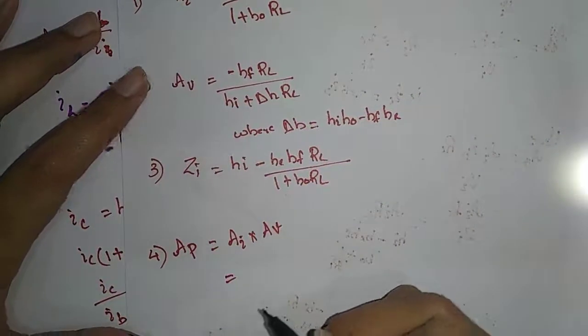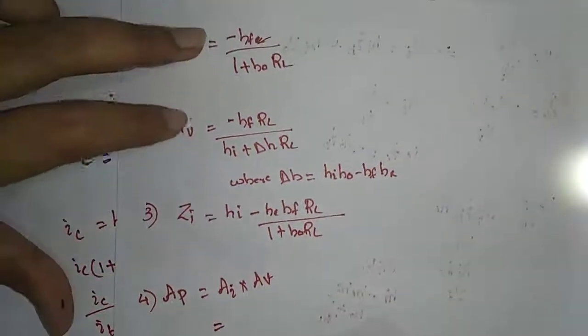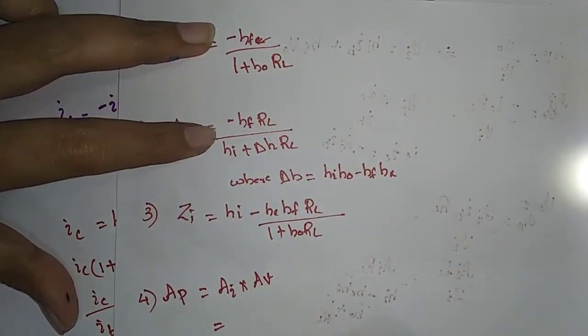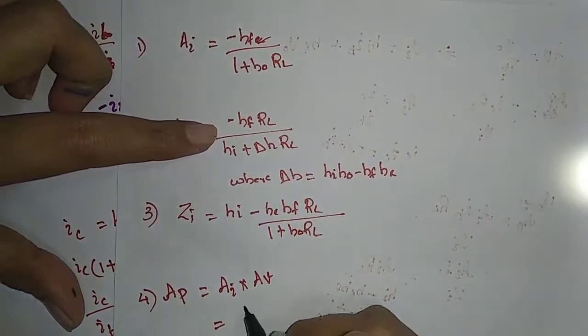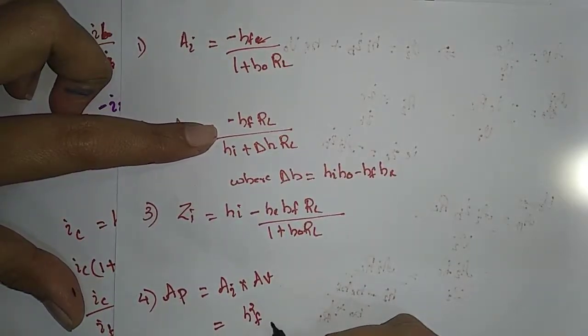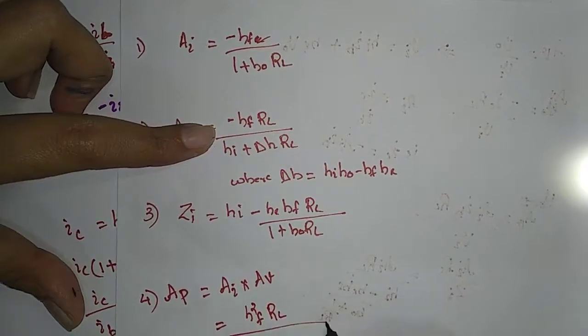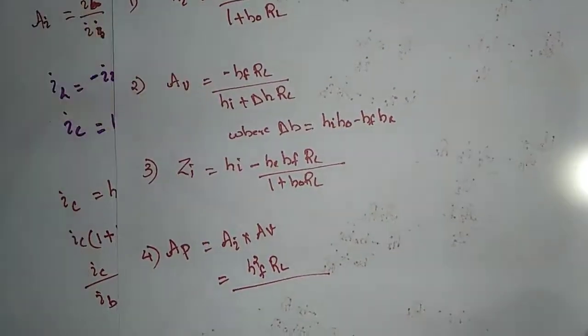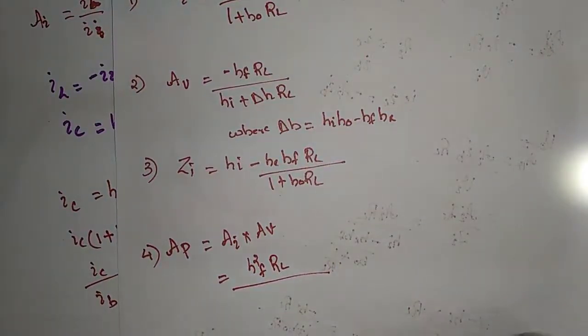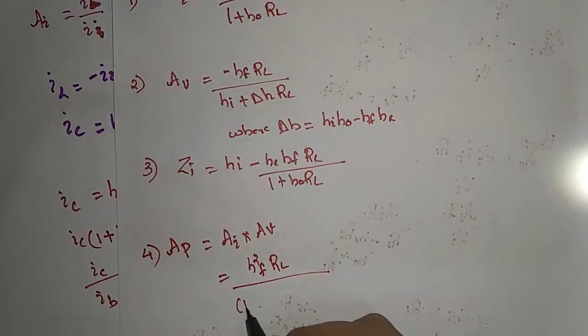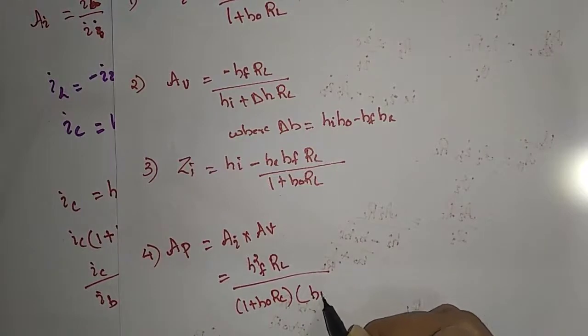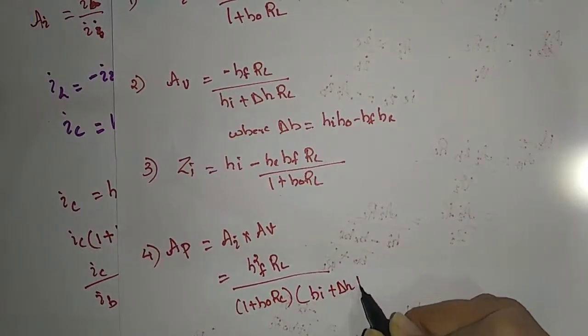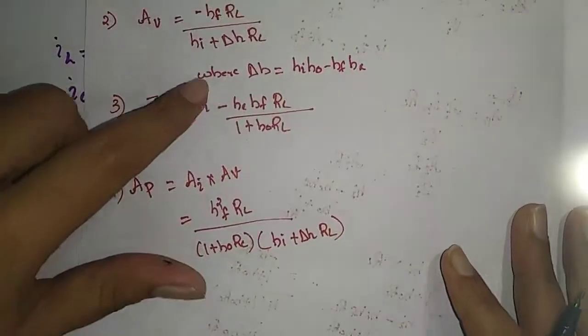Multiplying these two gives minus and minus plus, h square f into RL divided by 1 plus ho RL into hi plus delta h into RL, where delta h is the same.